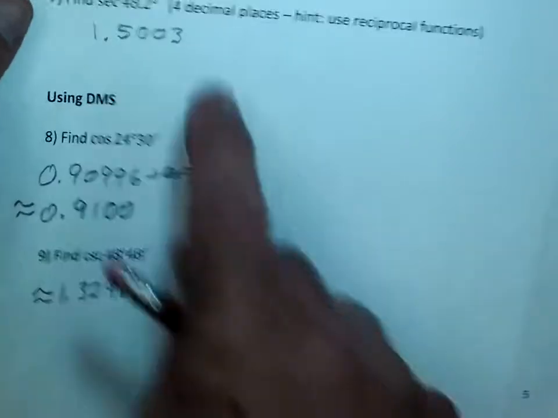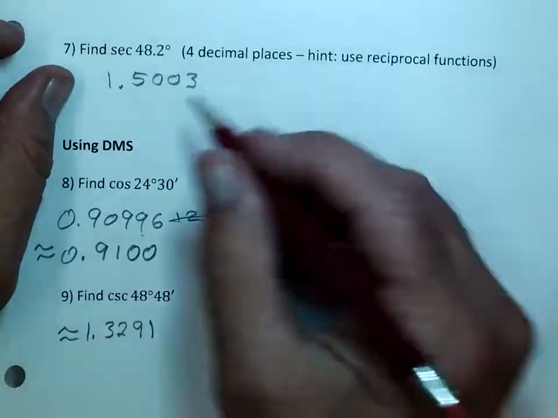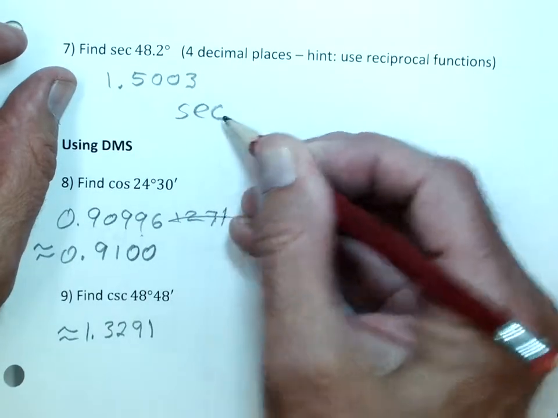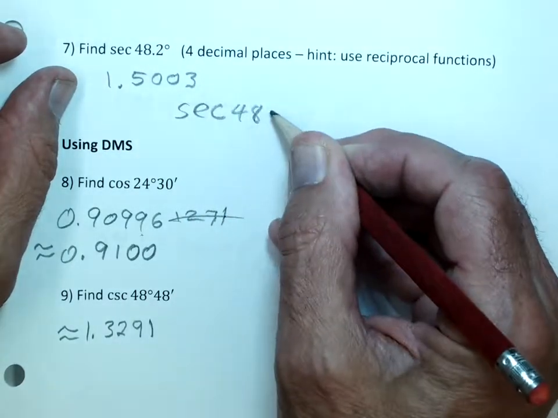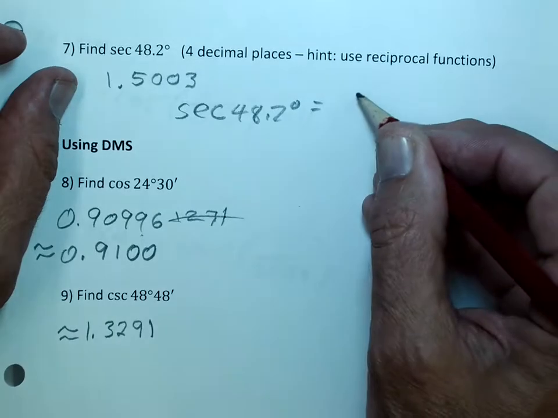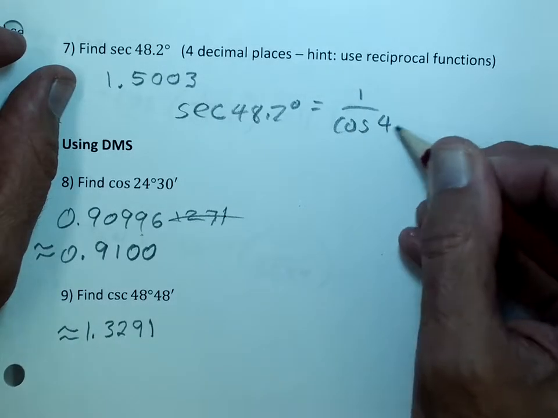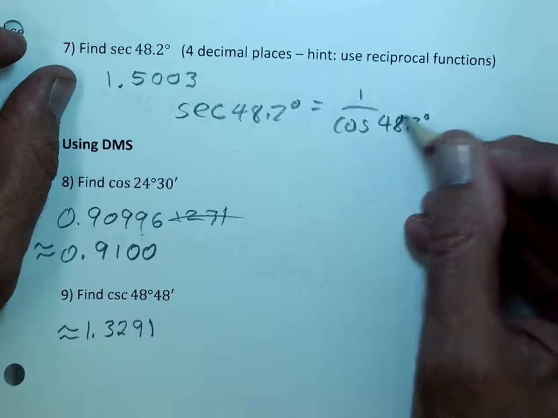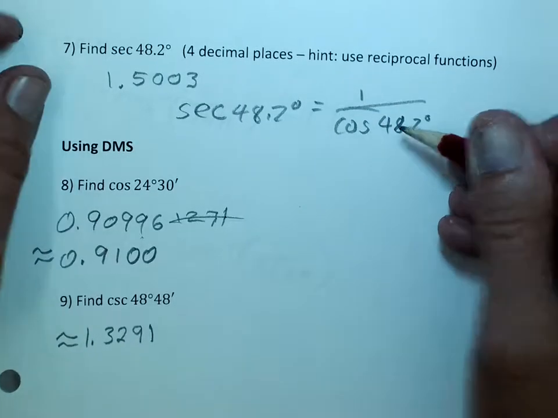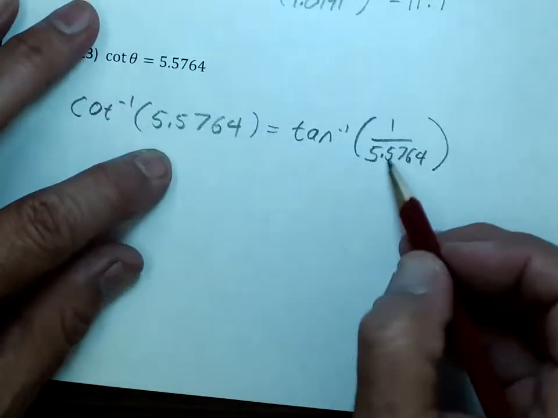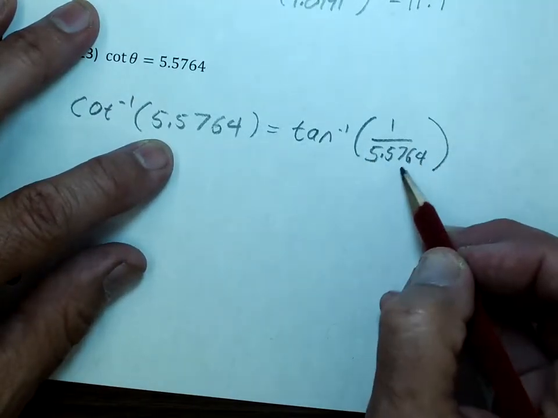When we did secant of this, remember, this was 1 over cosine of that angle. So there we were doing 1 over the cosine. Here we're doing inverse tangent of 1 over the number.